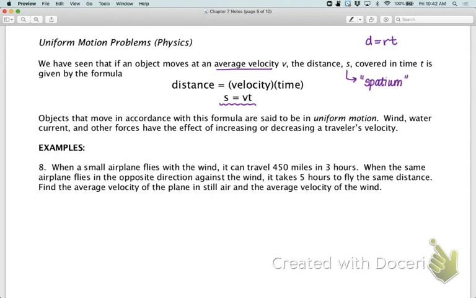And when you travel on an airplane, usually either the flight there or the flight back is significantly shorter than the other because if you get a tailwind, it helps to increase the velocity of your airplane, versus a headwind, which is slowing your airplane down. So what we want to look at is how that is going to affect our travel.